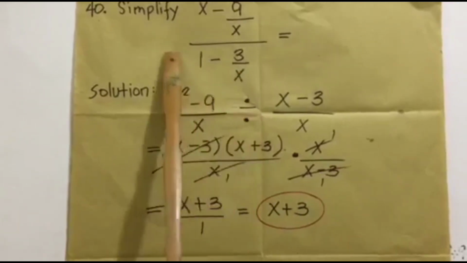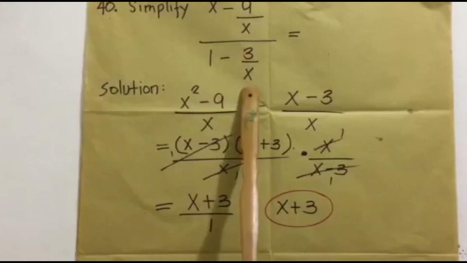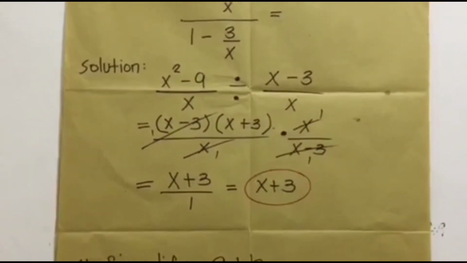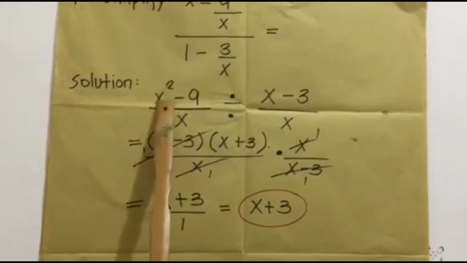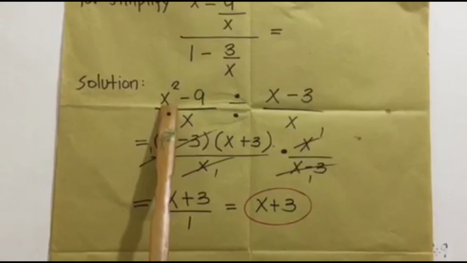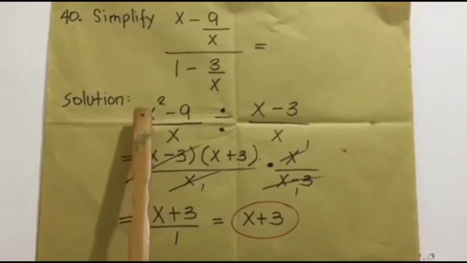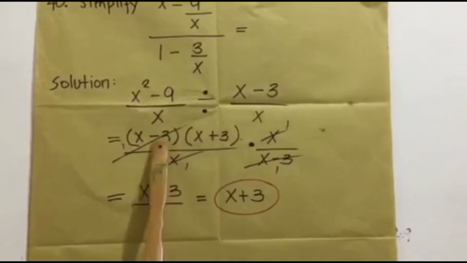Then we are going to combine this: x times 1 minus 3. So we're going to multiply x times 1 minus 3, all over x. Then after that, we're going to factor the numerator because it is factorable. The factor of x squared is x and x, and the factor of 9 is 3 and 3.